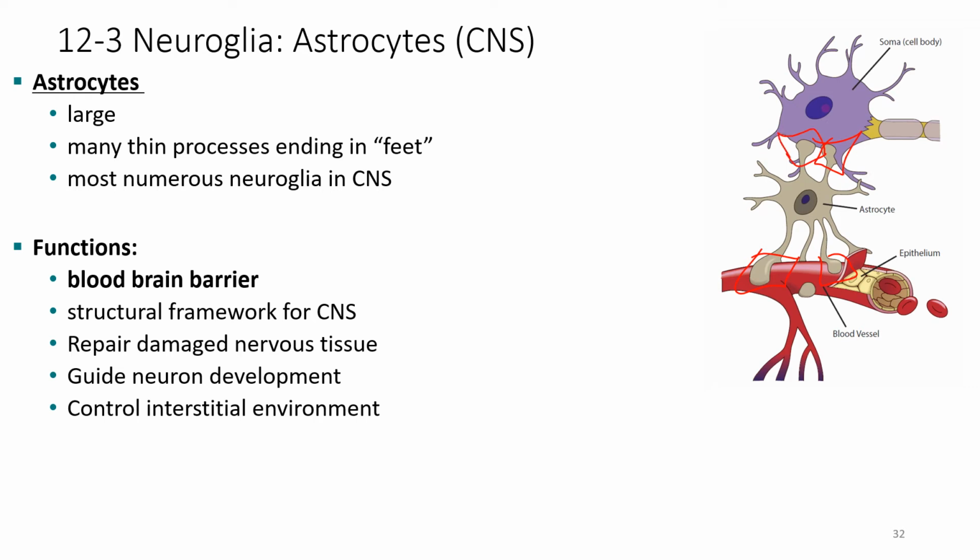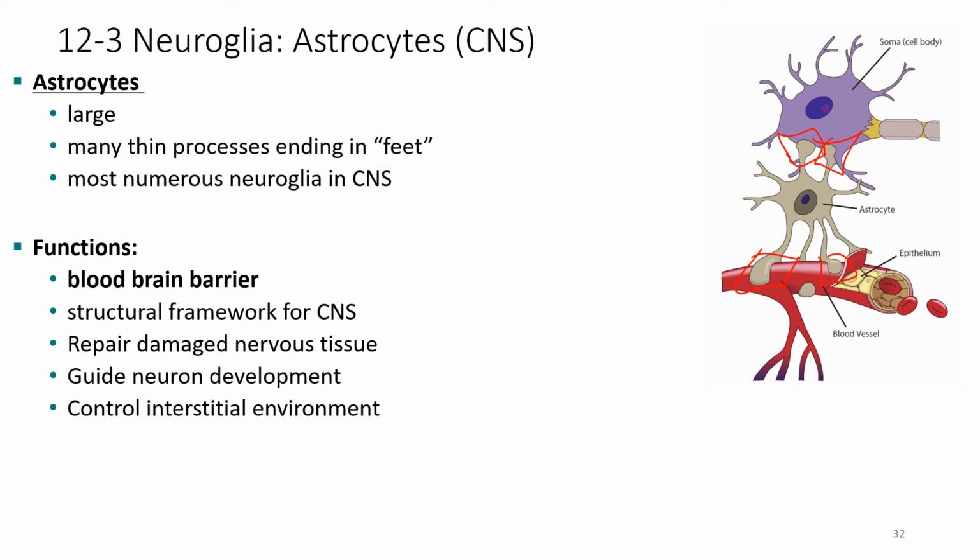And what these cells do is they help maintain the blood-brain barrier. The blood-brain barrier is a filtering mechanism for capillaries that are carrying blood into the brain or spinal cord. And the blood-brain barrier provides a selectively permeable barrier. Remember, selectively permeable means some things are allowed in, but others are not.